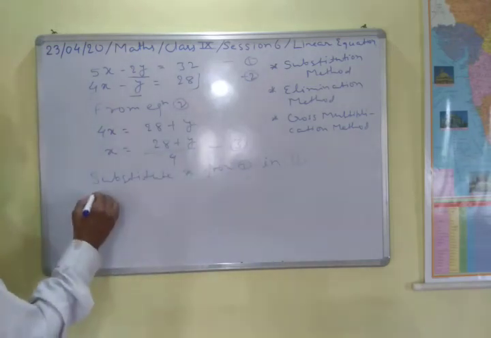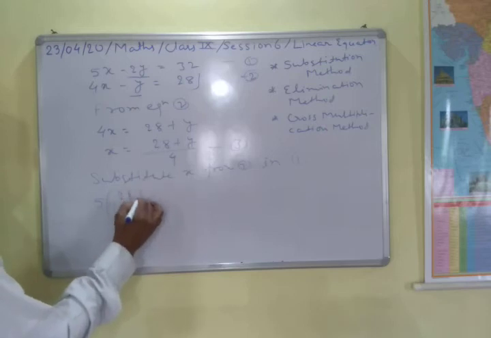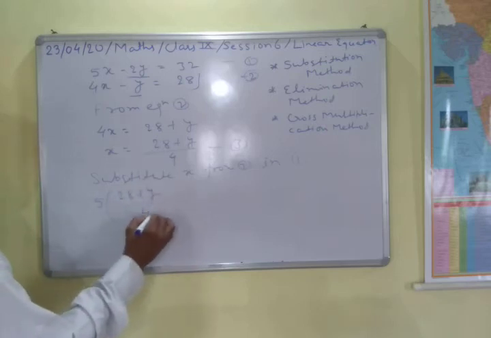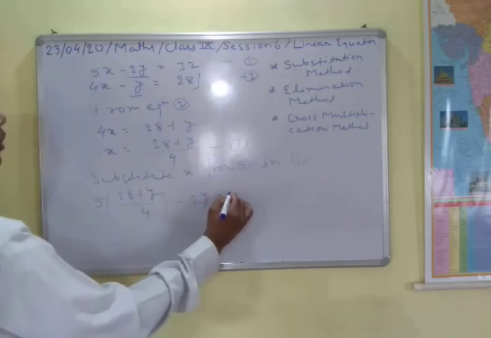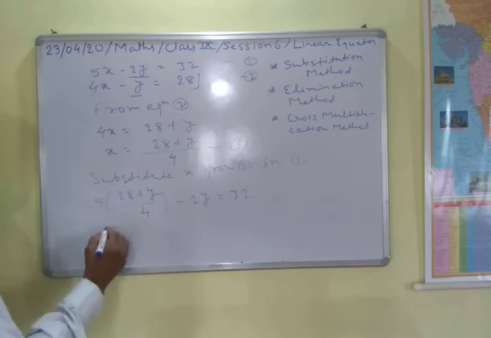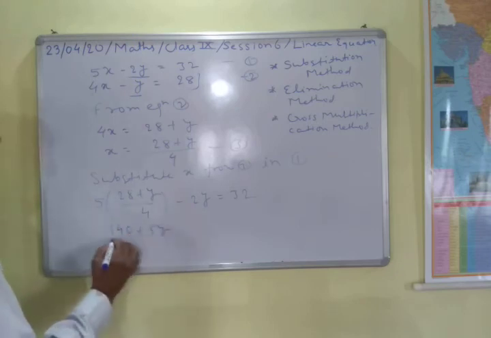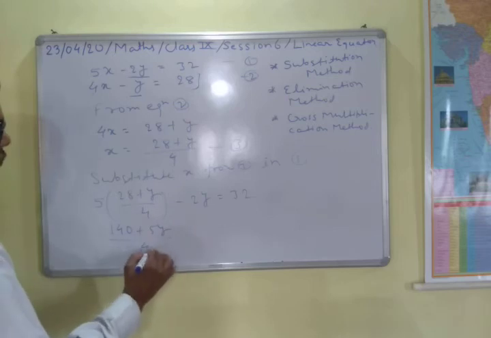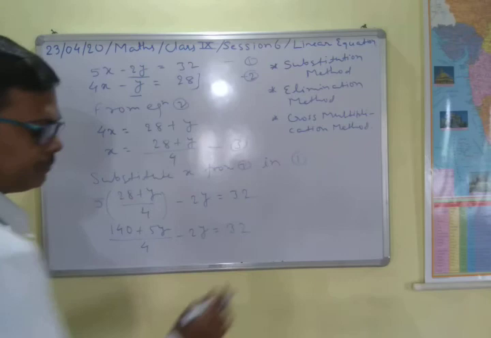Then it will be 5 bracket 28 plus y by 4, that is in place of x, and minus 2y equal to 32.